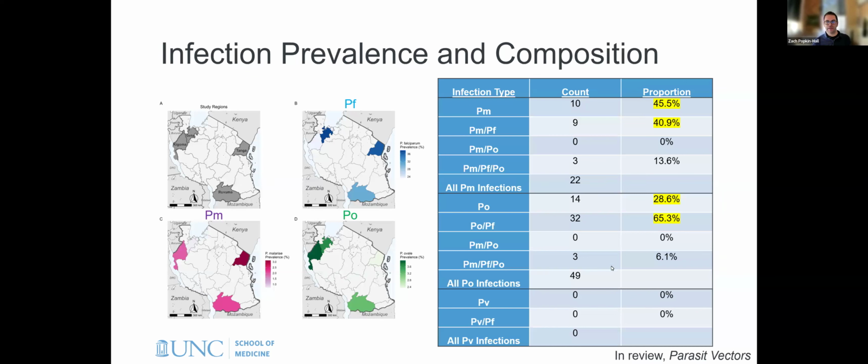If we look at PO, we see a more similar trend to what we saw with the symptomatic patients, where most of them are co-infected with PF, but we do see a larger proportion of these asymptomatics that are single species infected with just PO. We again have a small number of triple infections with all three species. And as I mentioned, no vivax was detected in this survey.